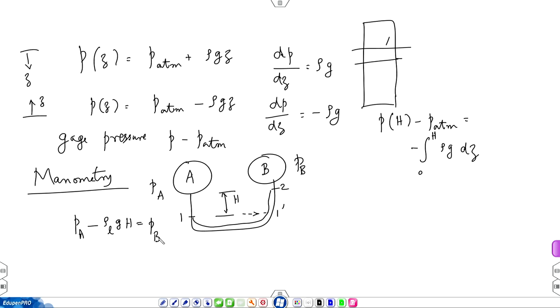Modern day manometers tend to be electronic in design, a lot more compact. So, you replace the liquid medium by, let us say, a piezoelectric transducer that will convert pressure difference into charges and hence voltage. The whole thing is very compact.